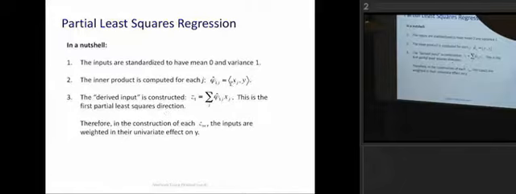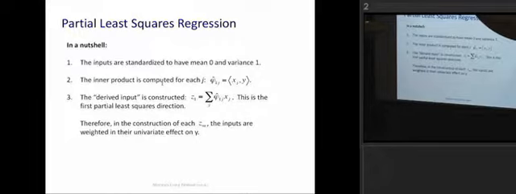And then there's a construction where you go further and try to figure out the second and the third. And as before, they're going to be orthogonal, but it's just going to be one more thing. Orthogonal and have high correlation with the response, as determined by this weight, which is a function of the inner product.